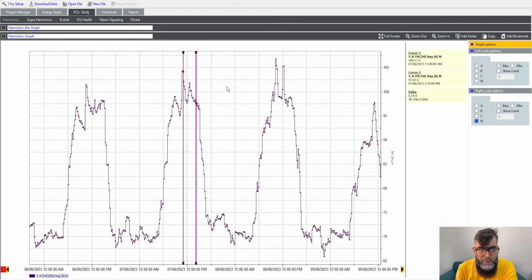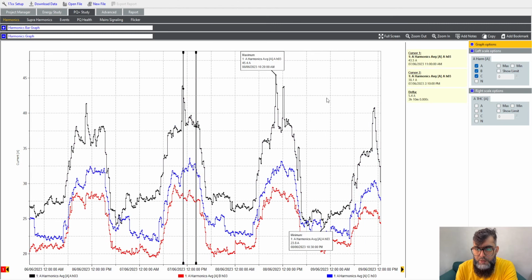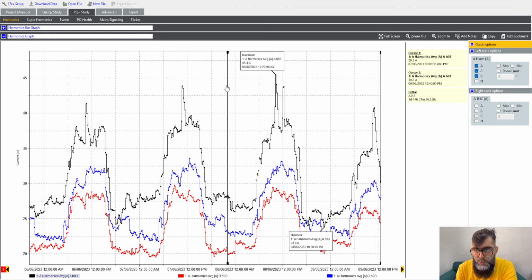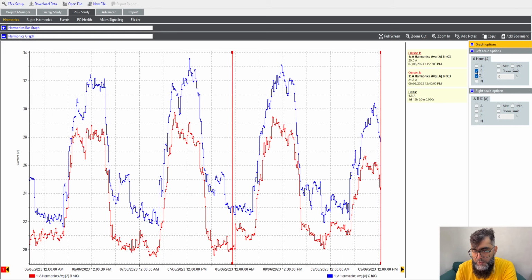So let's just go into the power quality study once again. 10:08 on 8, right? So let me just drag this to the side and let's just use, okay, so we are using cursor 1, right? So let's just go to this part, then 10:08, right over here. See, our maximum neutral current was 28.2 recorded at the time when our neutral was carrying the highest current. Okay, and sorry, this is not the total.